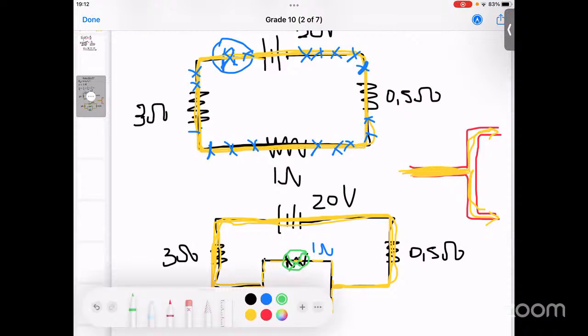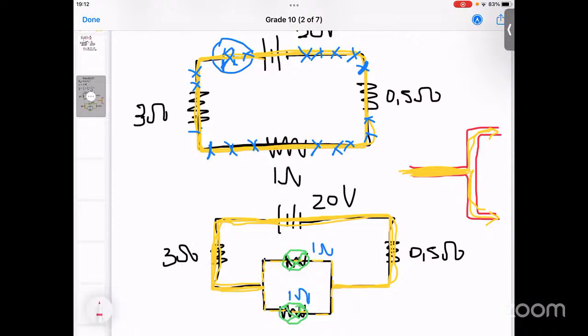Okay, so now, if you want to know whether too much current will go through this side or through that side, how are you going to know? It is the resistance that will give you that indication. Can you see this side is 1 ohm? Also this side is 1 ohm. Since it is equal resistance, the current will split equally.